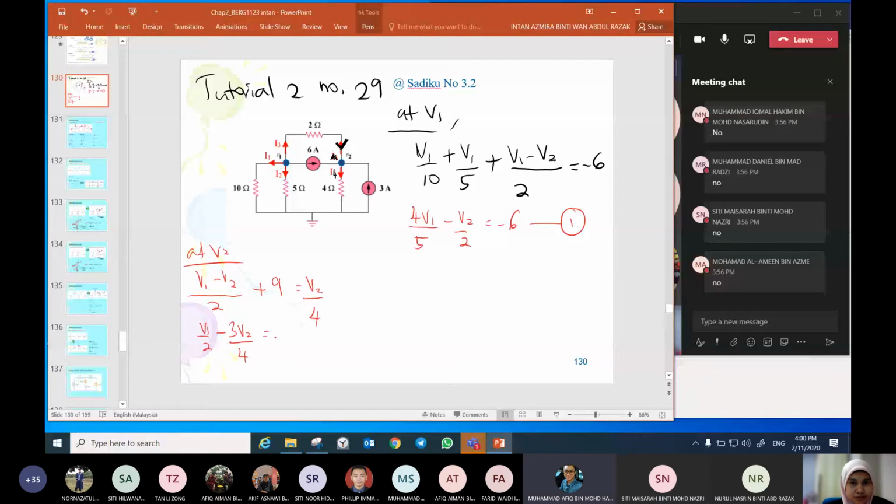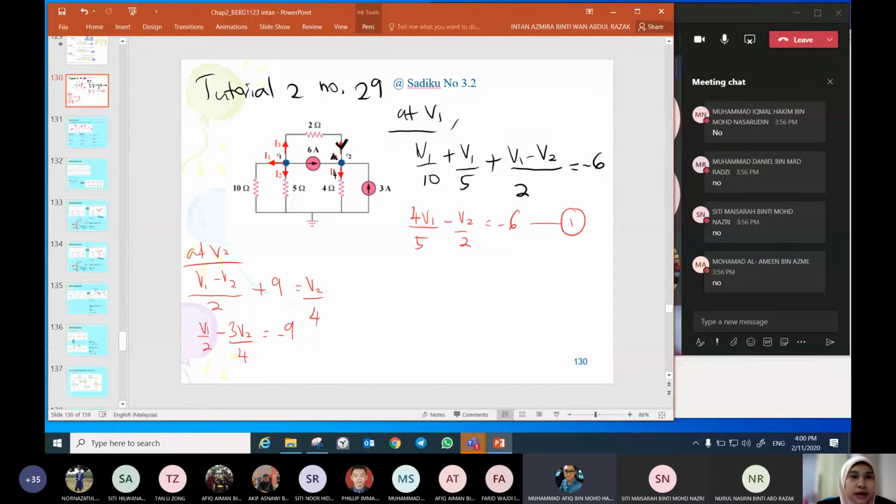But based on the notes, V1 is node 1, V2 is node 2. So by right at node V1 there will be four different currents, entering and leaving.